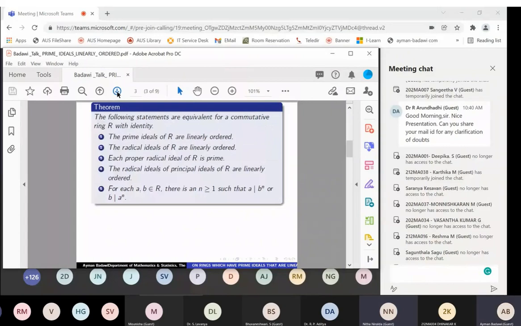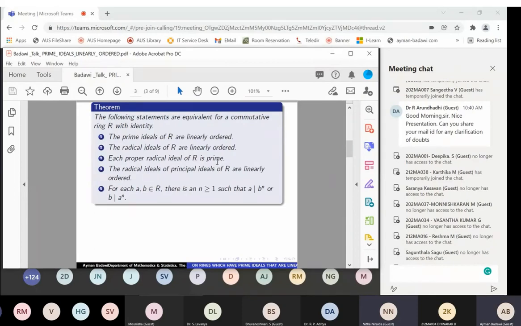Here are the conditions. The following statements are equivalent for a commutative ring R with identity. It's a complete description, and these statements are equivalent. The prime ideals of R are linearly ordered; it's the same as saying the radical ideals of R are linearly ordered; and the same as saying that each proper radical ideal of R is prime.